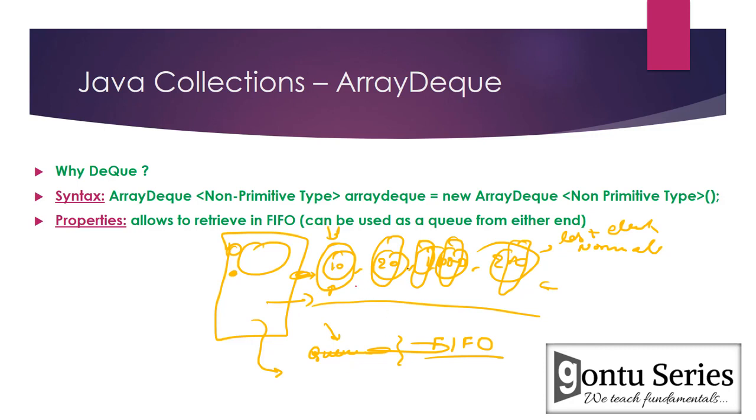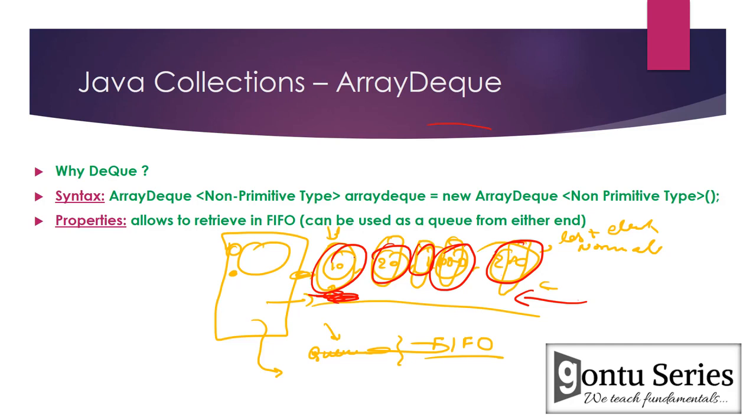But if you say that I want to use it like a queue from this other side, then it's going to allow you to retrieve this element first and then this element and this. So you can use an ArrayDeque like a queue from both sides, from this end and from this end.